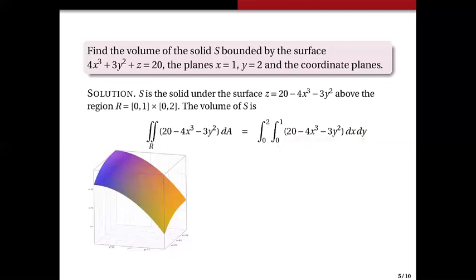In here, my first variable will be dx, so the inner limits of integration should be the interval for x, which is 0 to 1. The outer variable is dy, so the outer limits of integration should be for the variable y. You can also interchange this and do dy dx, interchanging the limits too.